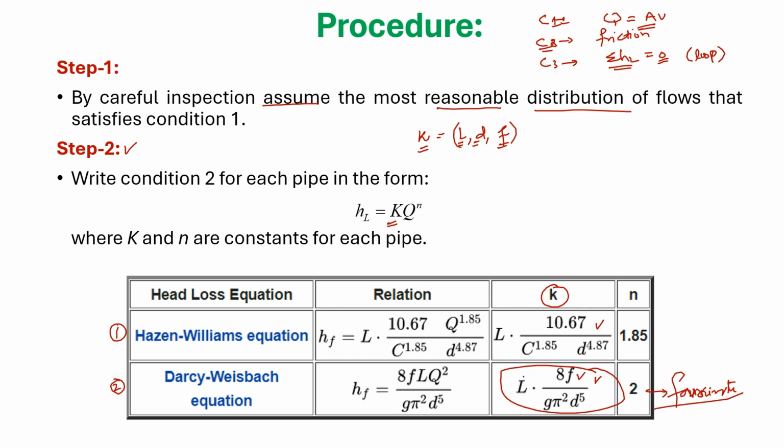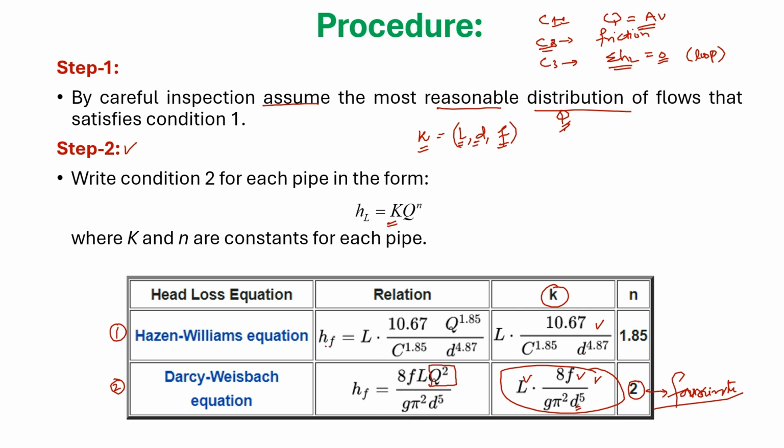If we have F, L, and D given, then we can determine the value of K by putting these values in this formula. And Q is the discharge assigned to each pipe. From step 1, we will get the Q for each pipe, and K will be obtained from here, and N is the value given as 2, because in the Darcy-Weisbach equation, head loss is related to Q as a square power.